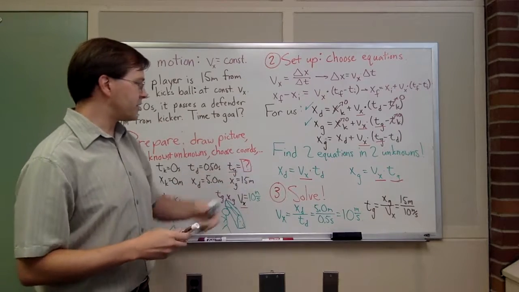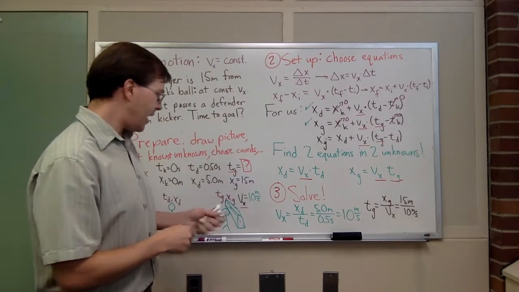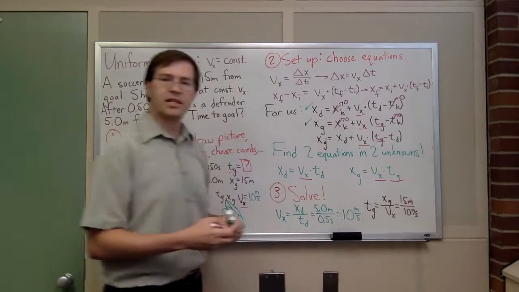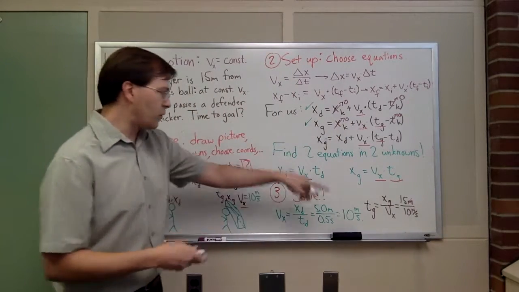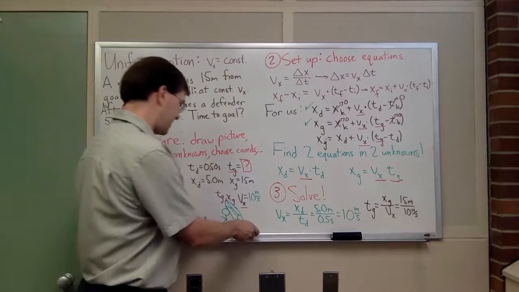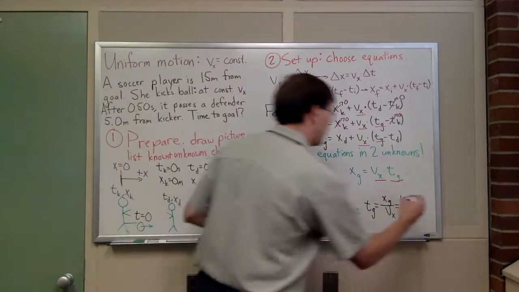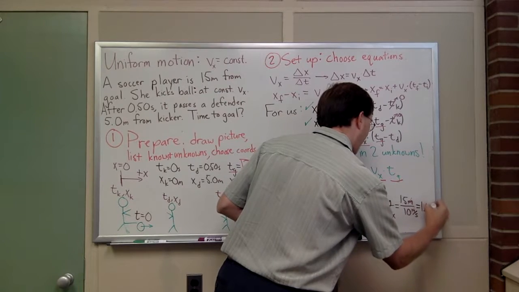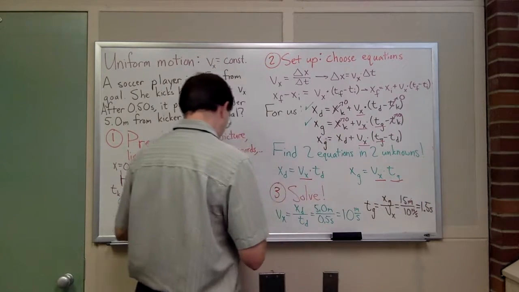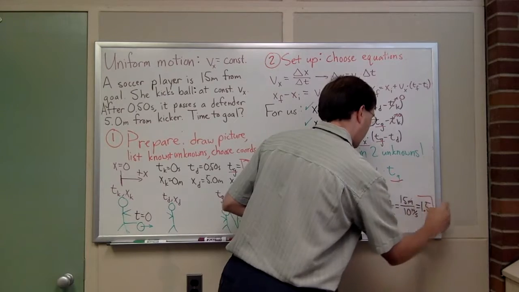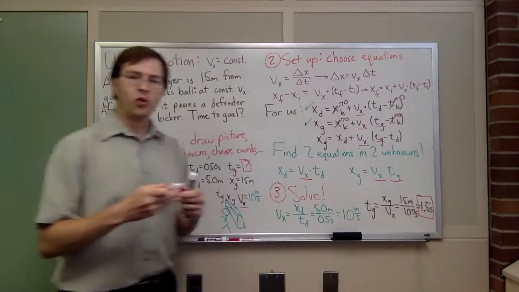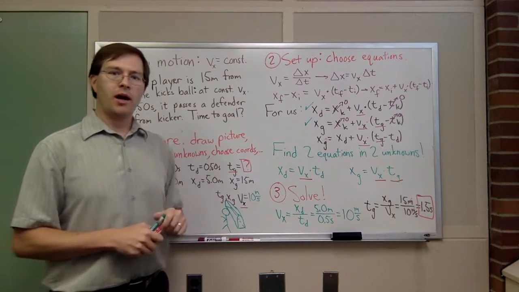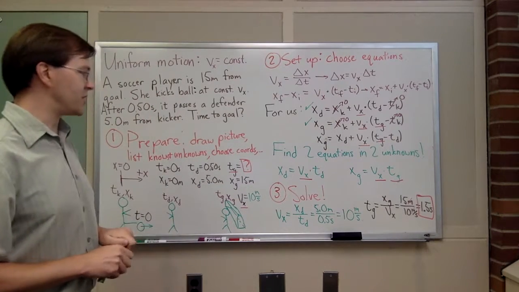I notice that the meters cancel out, top and bottom, and the 1 over seconds comes out to seconds. This is great. I'm going to get 1.5 seconds as my final answer for this problem. The goalie has 1.5 seconds to stop the ball after it's kicked, based on this information.